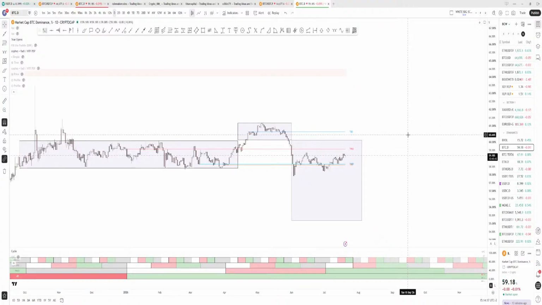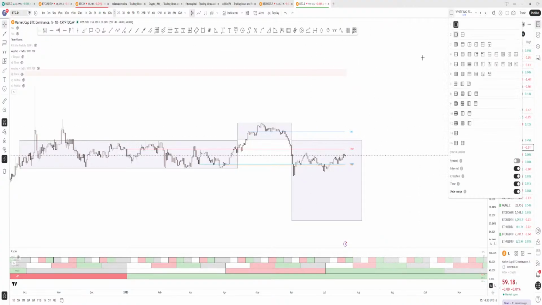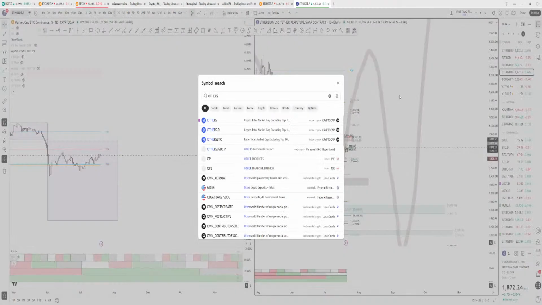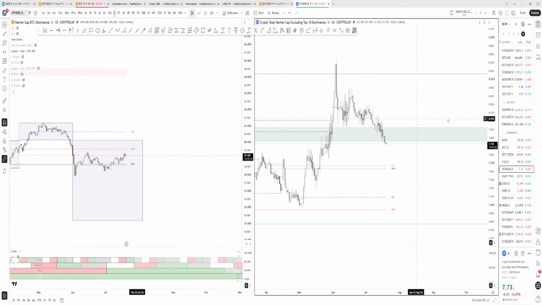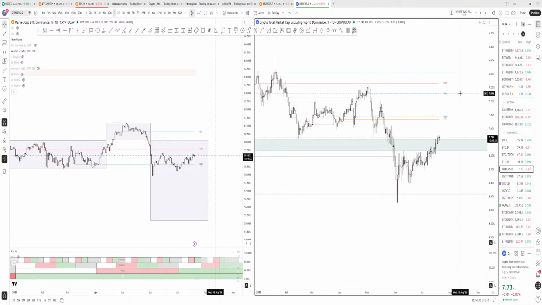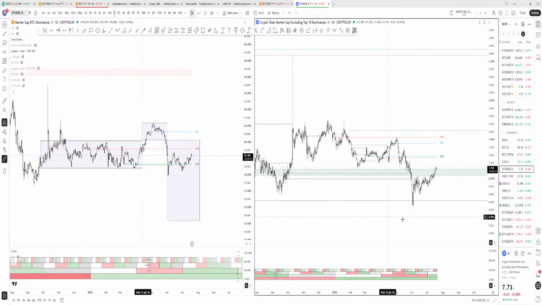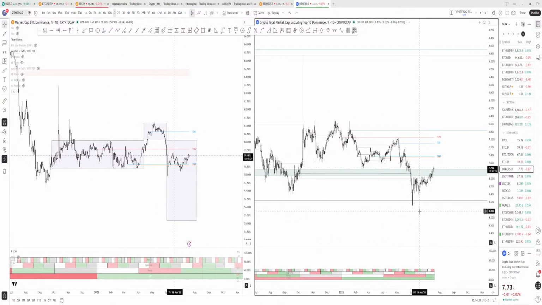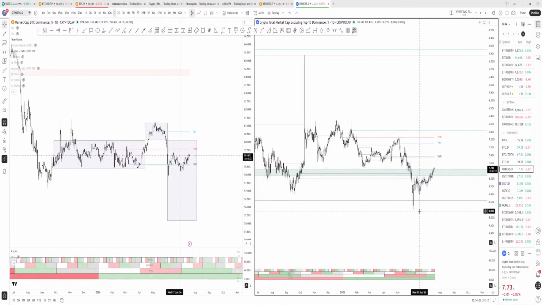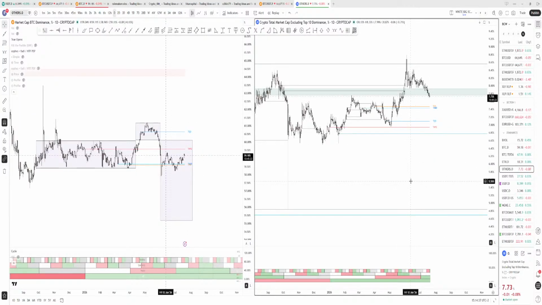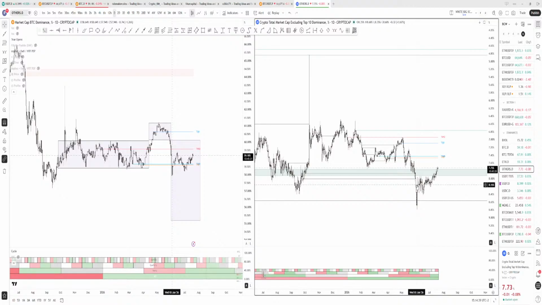And ultimately we can compare this to others, but we need to flip this chart. Oh, sorry, no. Yeah, we need to actually.